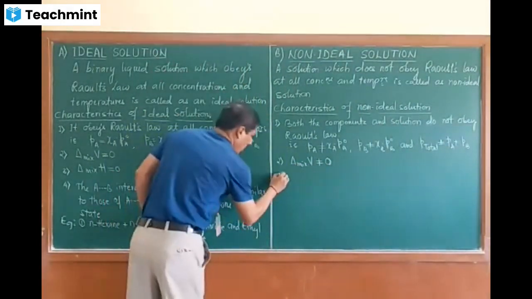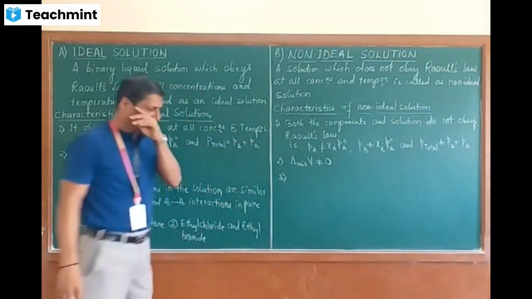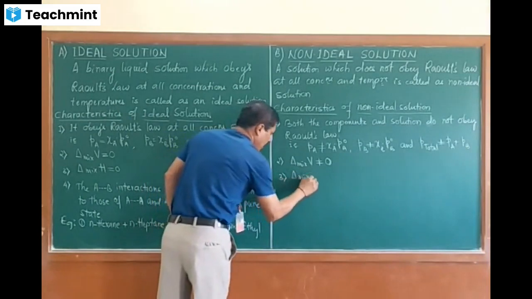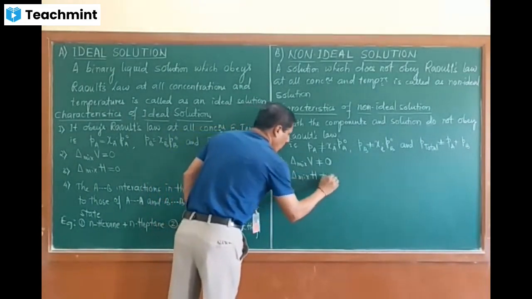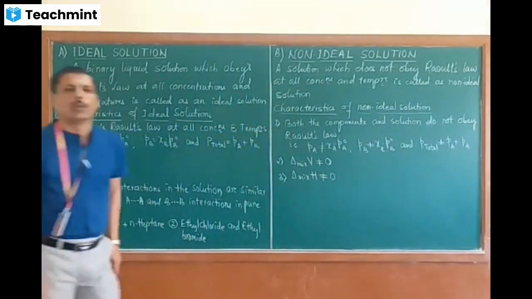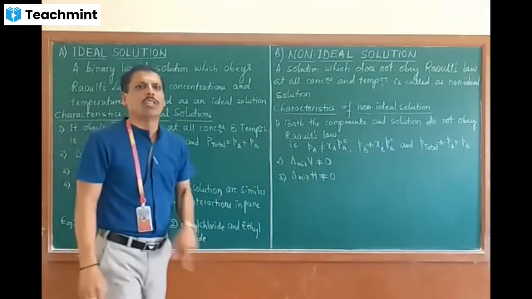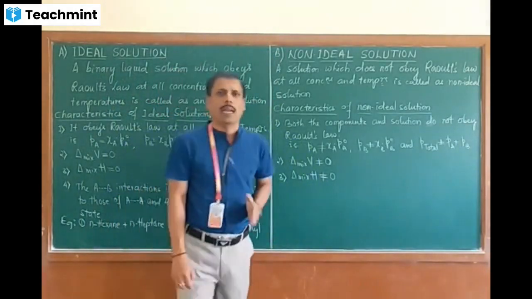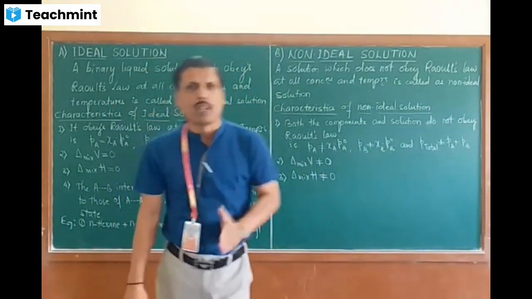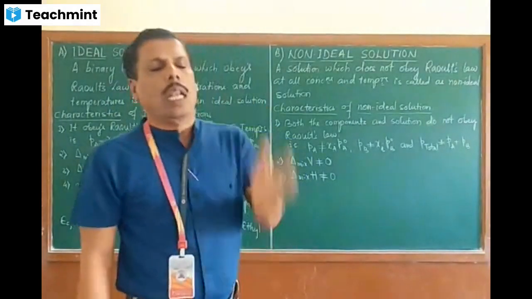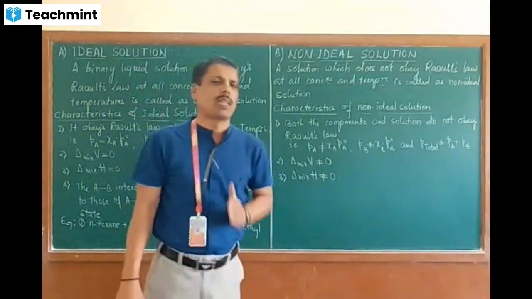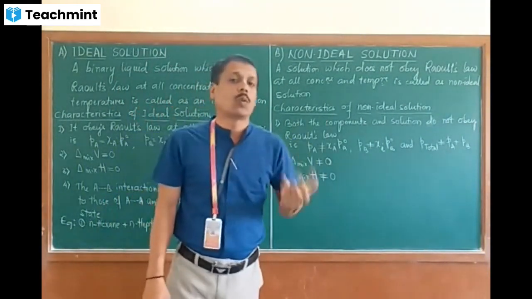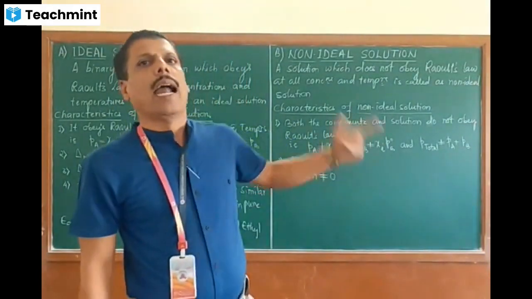Then the third one, delta mix H is also not equal to 0. It means there is a change in enthalpy. Suppose you have taken liquid A at 25 degrees Celsius, and liquid B is also at 25 degrees Celsius. If the temperature of the solution is 25 degrees Celsius, then it is an ideal solution.